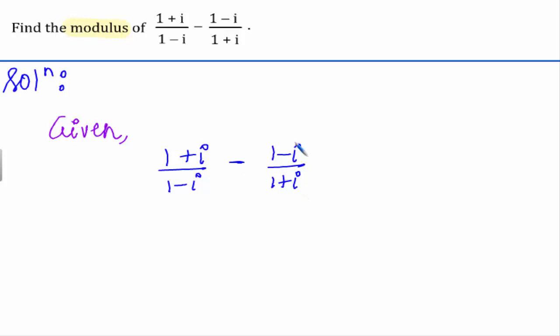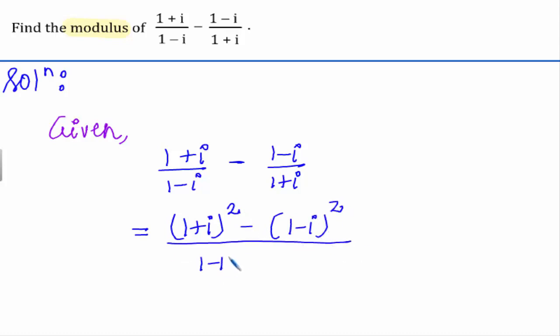To find the modulus of this complex number, first we need to write this in the standard form. Let us see how to write this complex number in its standard form. First step would be taking LCM. So we get (1 plus i) whole square minus (1 minus i) whole square divided by (1 minus i) multiplied by (1 plus i).